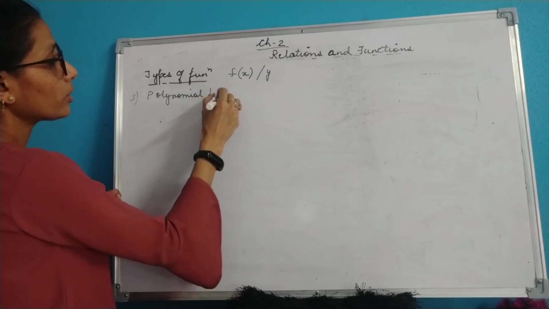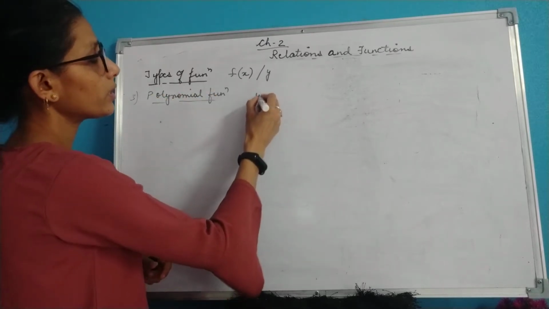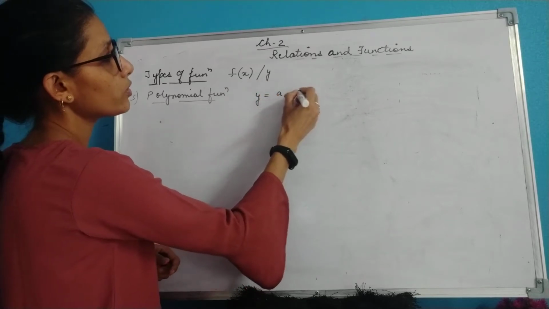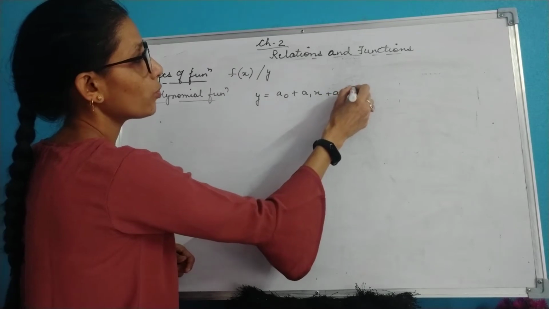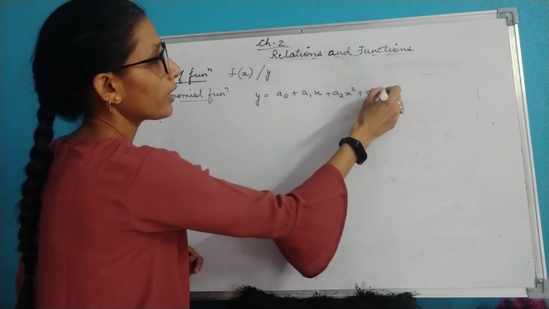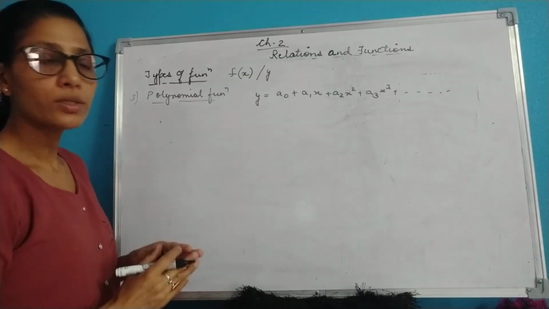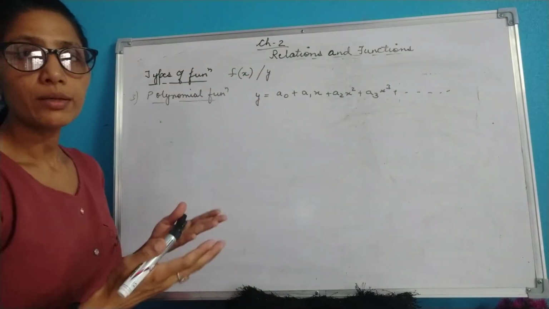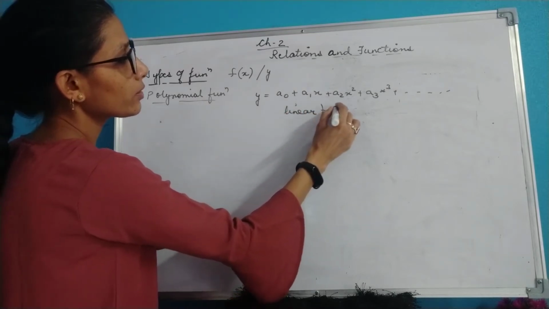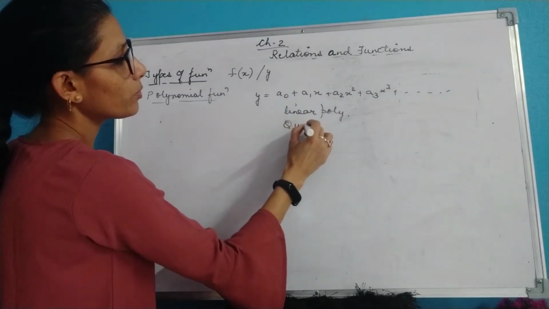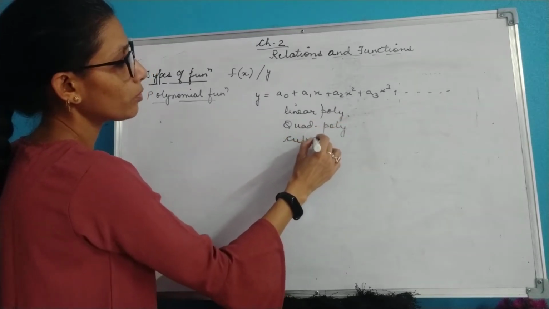Polynomial function. Children, a polynomial function, its general form can be written as y equal to a0 plus a1x plus a2x square plus a3x cube and so on. And you have read in your lower classes that a polynomial can be a linear polynomial, it can be a quadratic polynomial, it can be a cubic polynomial and so on.